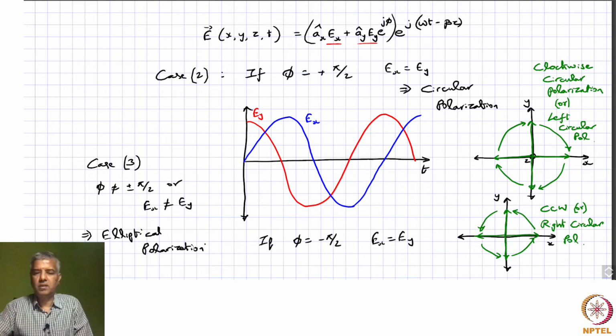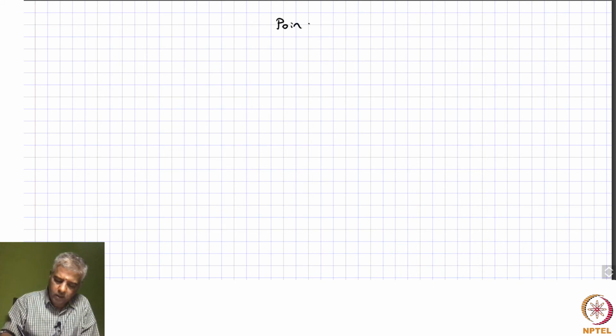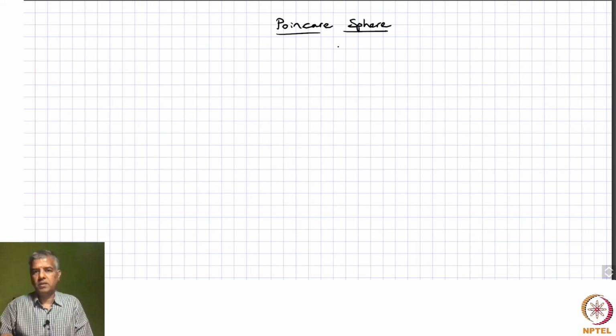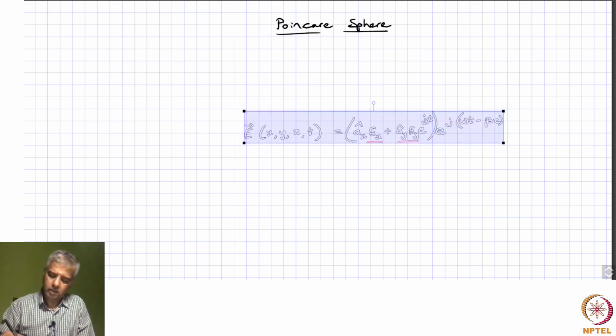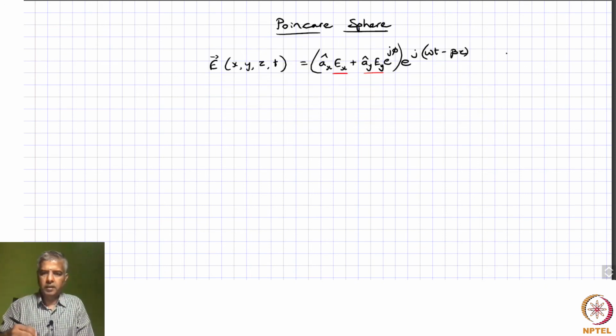So somewhere over here is going to be more towards the horizontal, and it's going to be left circularly polarized. So it's going to be something like this, and over here it's going to be once again close to horizontal, but it's going to be right circularly polarized.